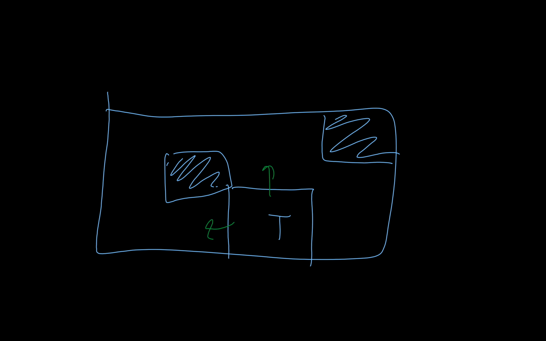So essentially it's the number of paths for this cell, cell A, plus the number of paths for cell B. It's just paths of A plus paths of B.